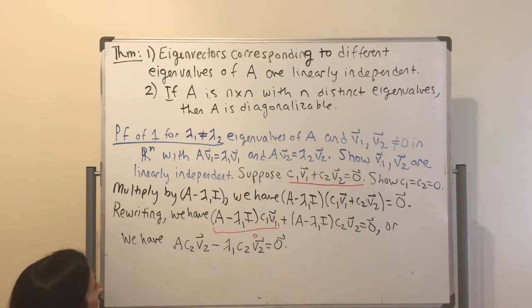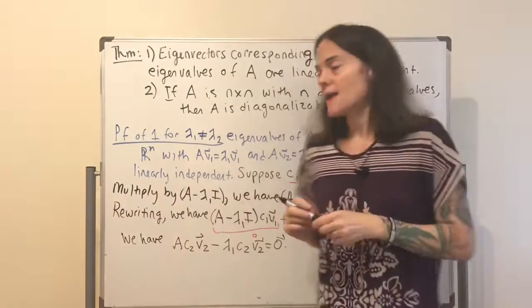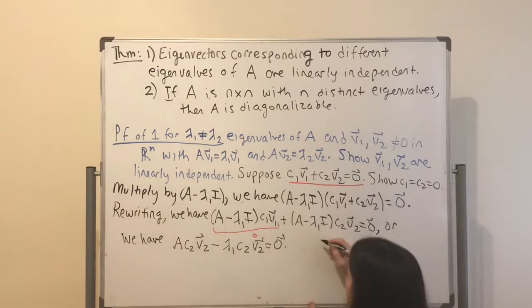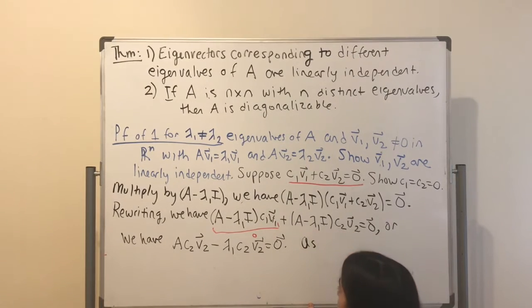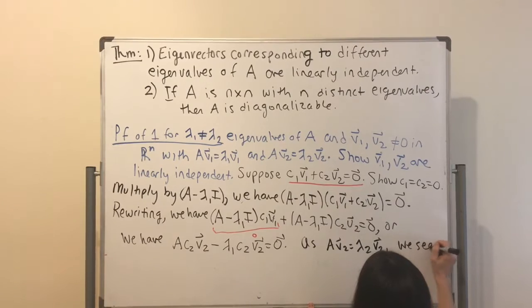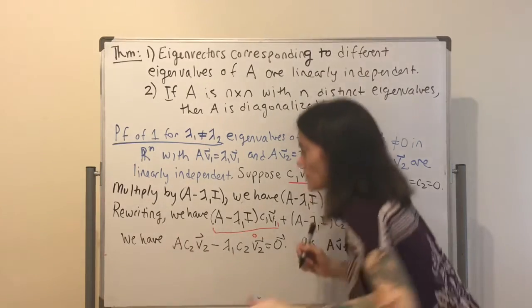Okay, but now V2 is an eigenvector for A with eigenvalue lambda 2. As A V2 is lambda 2 V2, we see here, this will be C2 lambda 2 V2.